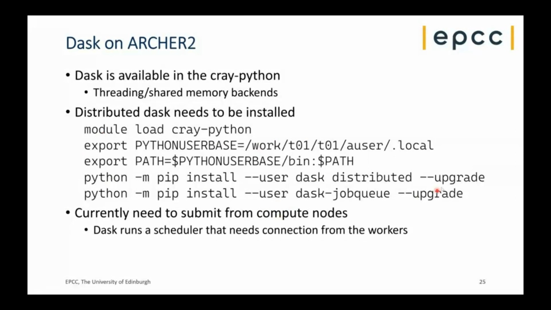And the way to do that is shown here on the slides. Now, this first line, install Dask distributed, we've already seen today, and actually there are some issues with the current version of Cray Python on ARCHER2, and it may be worth actually loading a slightly newer version of that to get around those issues.